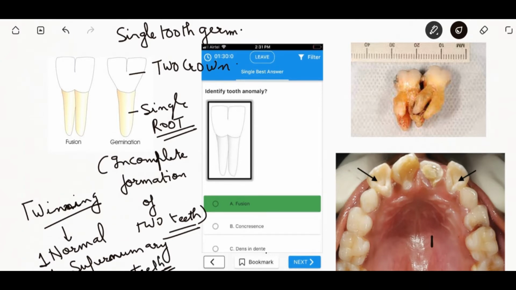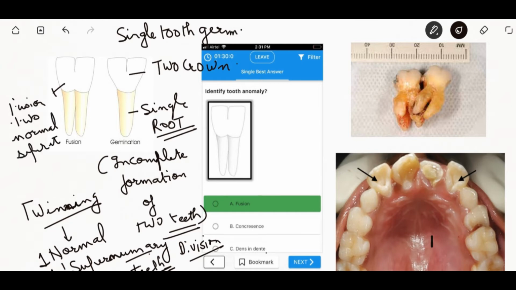Now what is fusion? Fusion teeth arise through union of two normally separated tooth germs. The fusion can be complete or incomplete. Due to some physical force or pressure, there is contact of developing teeth and their subsequent fusion.